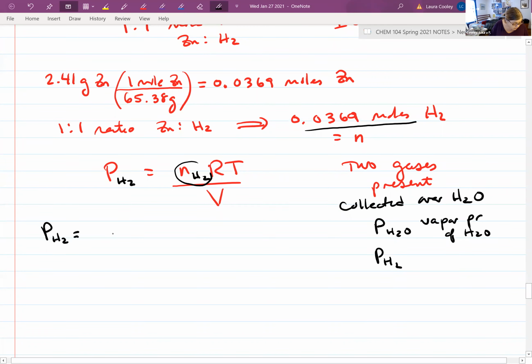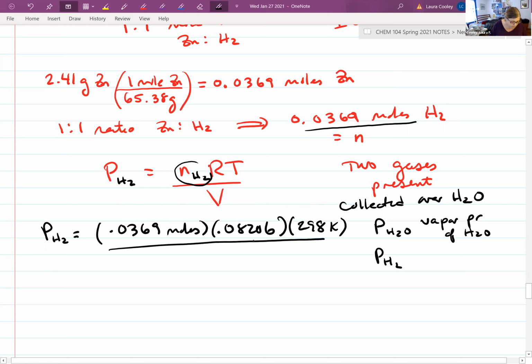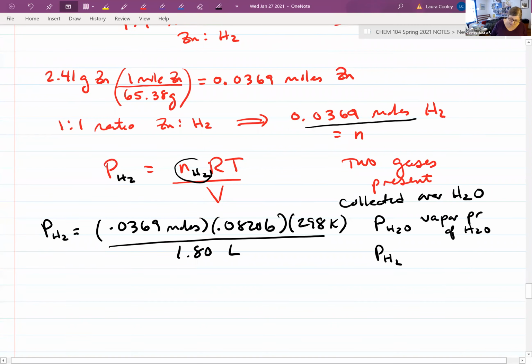So that's what we're going to do first. We're going to get 0.0369 moles times 0.08206 times 298 over 1.80 liters.